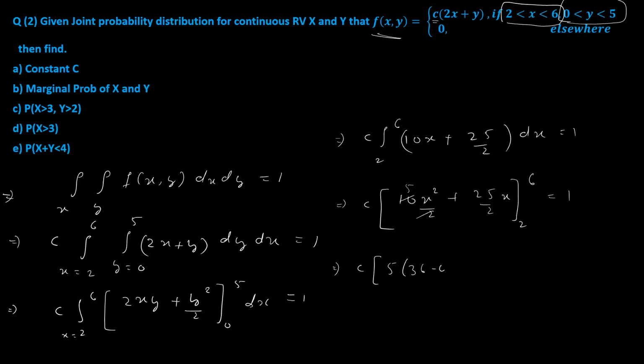So 36 minus 4, plus 25 by 2 into 6 minus 2, should be equal to 1. So this will be 5 into 32 plus 25 by 2 into 4, equal to 1.